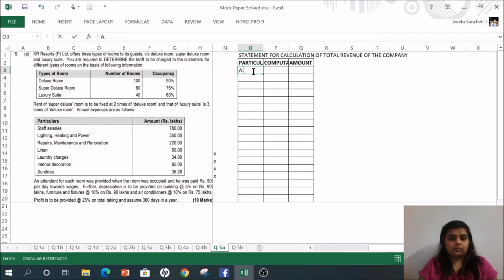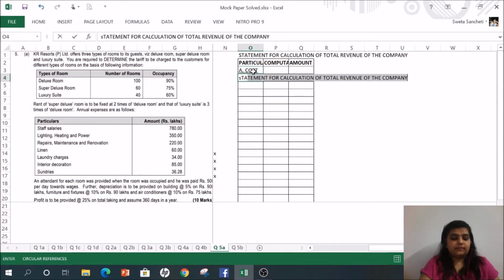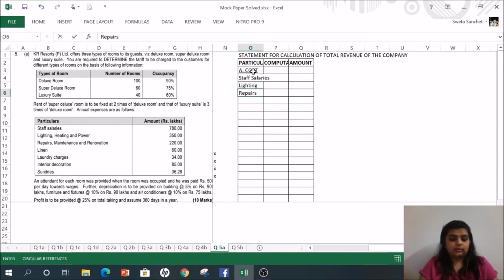So first I'm going to have the cost. We have staff salary, lighting, I'm going to copy the same thing which is there here, repairs and maintenance, linen, laundry charges, interior decoration, sundries.